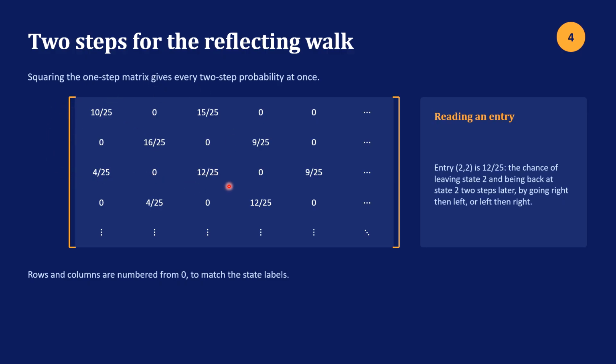Entry 2, 2 is here, and it's telling us there's a 12/25 chance of leaving state 2 and being back at state 2 two steps later. That could happen by either going right and then left, or left and then right, so there are two different ways it could happen. Okay, and these all have the same type of interpretation.